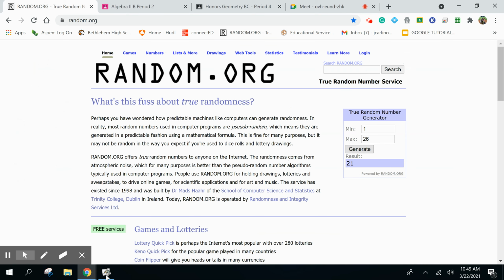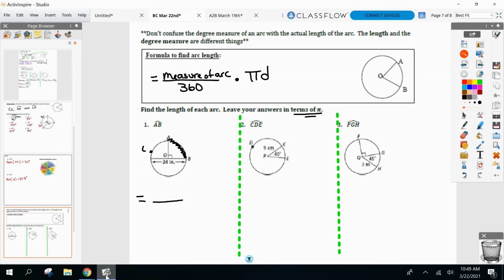Zach, what's the measure of arc AB? 90 degrees, because it matches its central angle, which is 90. So 90, I need to put the degree symbol there. 90 out of 360 times its circumference. I already gave you the diameter, 24, so 24 pi. Leave pi in your answer. So the only thing I should be multiplying is 90 over 360 times 24.